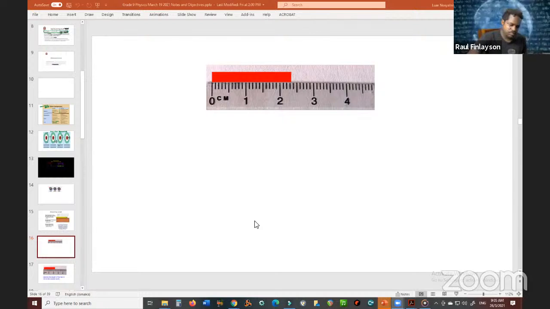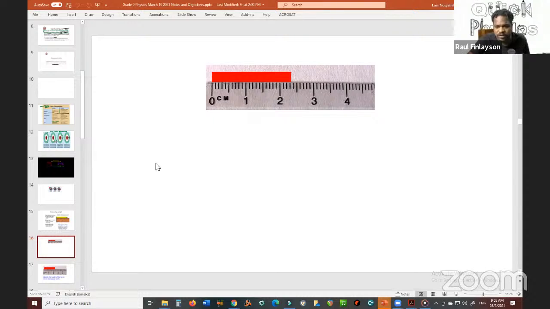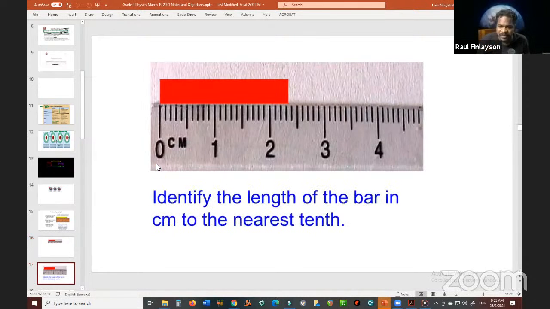What you're seeing here is a red bar beside a transparent-looking ruler with centimeter markings on it. The question is, what is the measurement there? I said identify the length of the bar to the nearest tenth. What do we mean by the tenth?